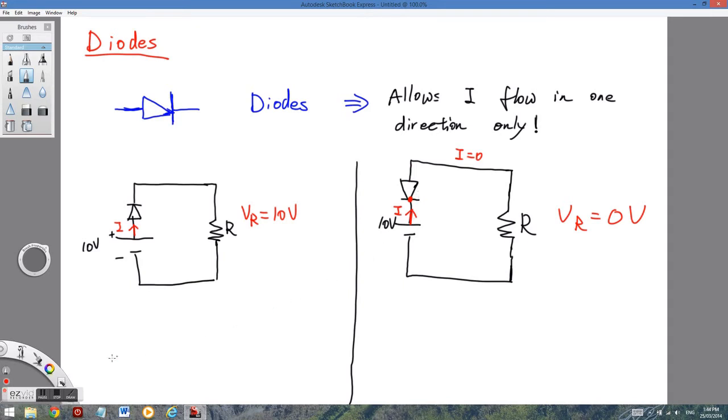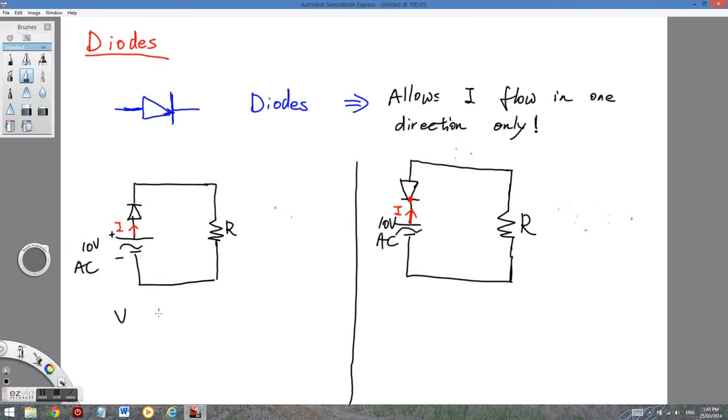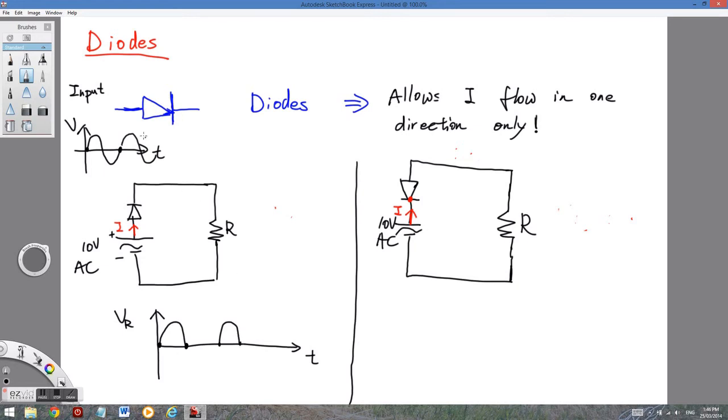Now look at what happens if I change the power source to AC. The voltage across the resistor would look like this. This is because the input will be a sine wave.